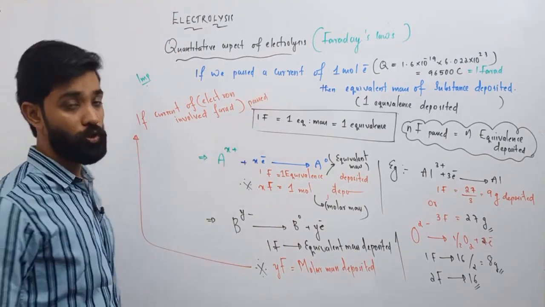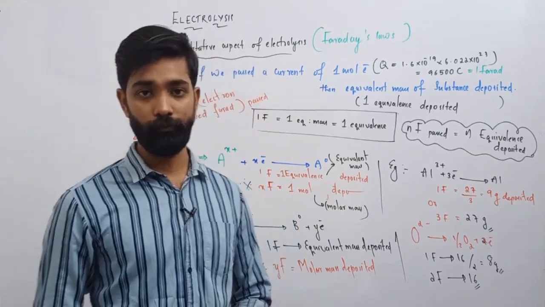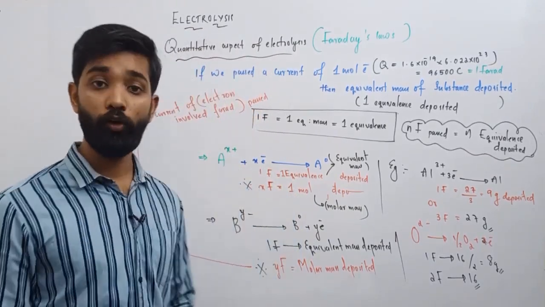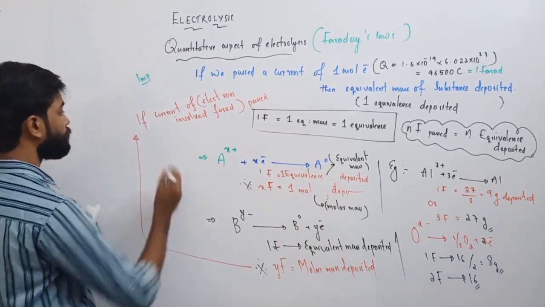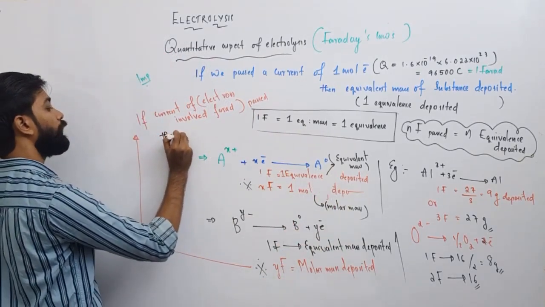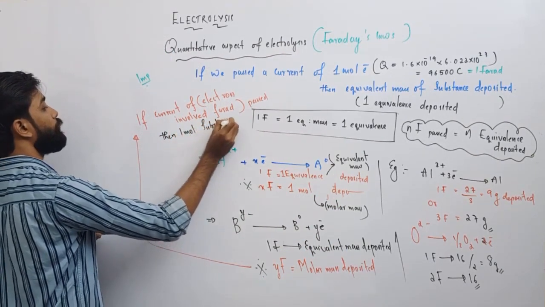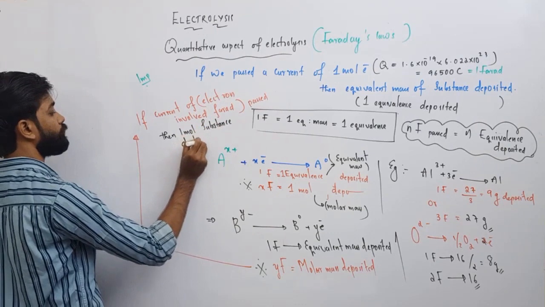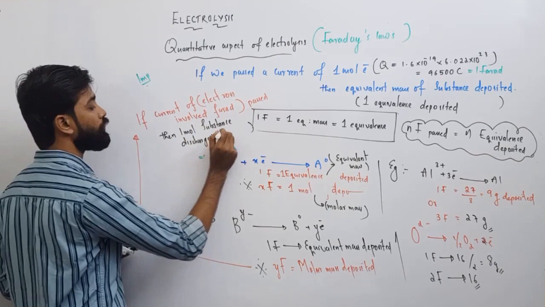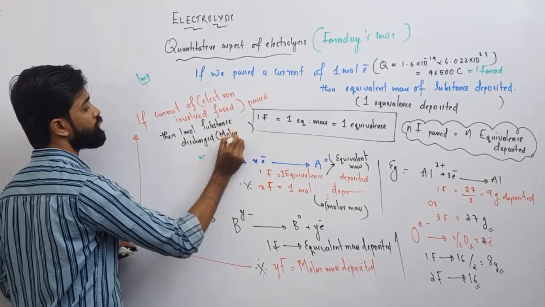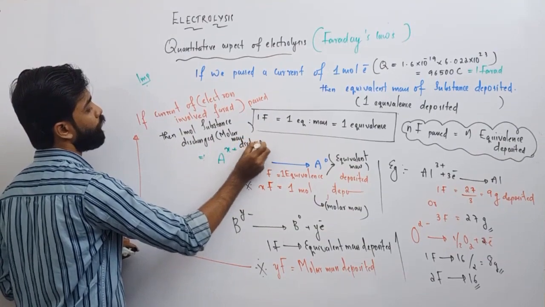If this much current is passed, that is, the electron involvement times faraday, and you know the electron involvement by looking at the reaction, then 1 mole of substance is deposited or discharged. One mole of substance discharged means the molar mass is discharged. This is the most important point in my view.